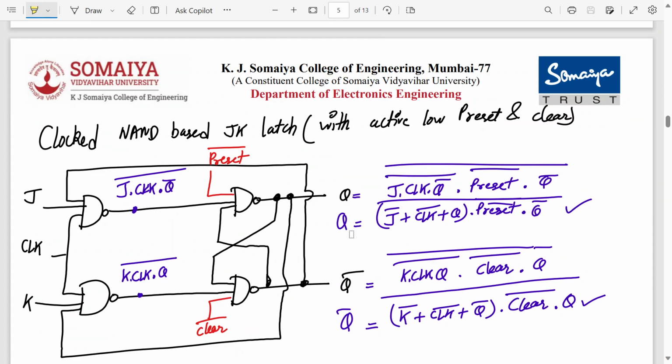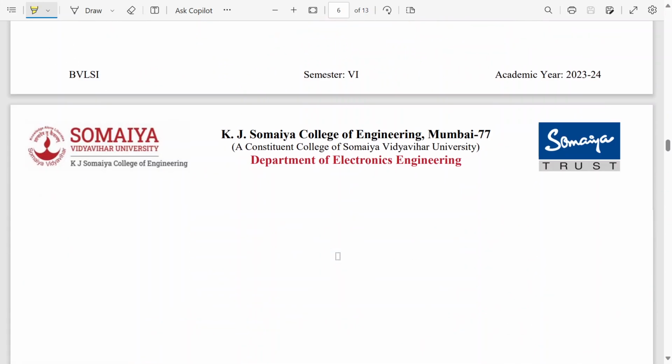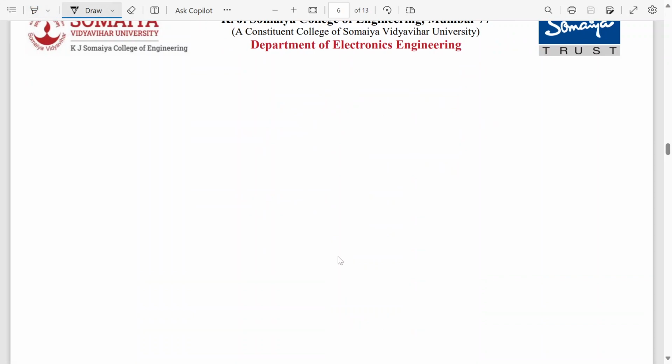So here it is, Q is J bar plus clock bar plus Q dot preset dot Q. Let's implement this. Let me rewrite the equations.